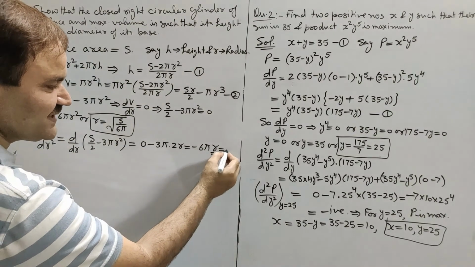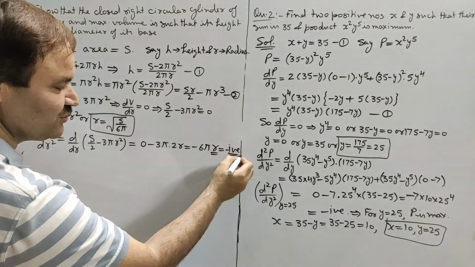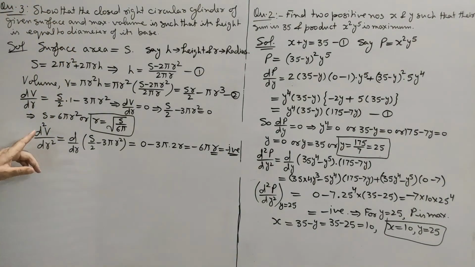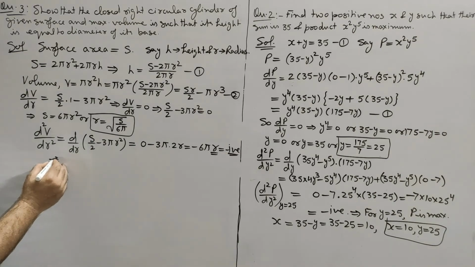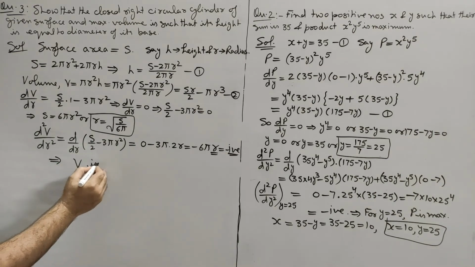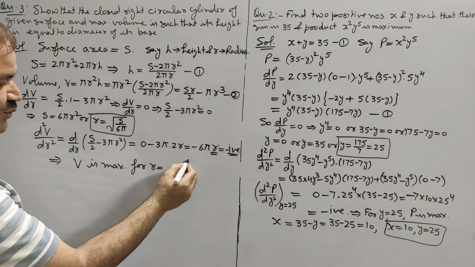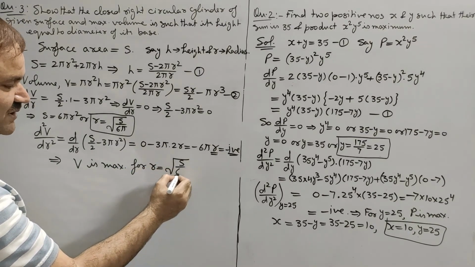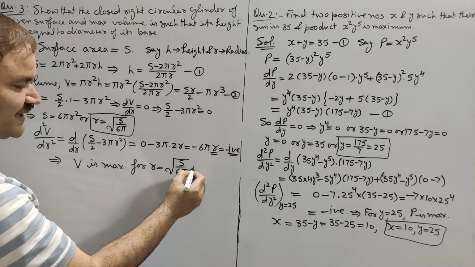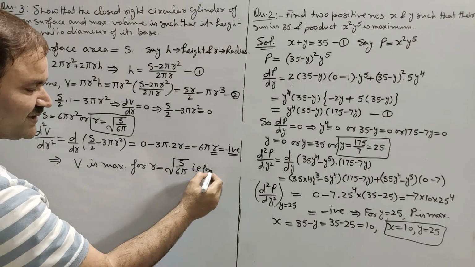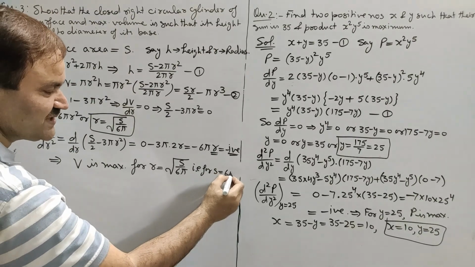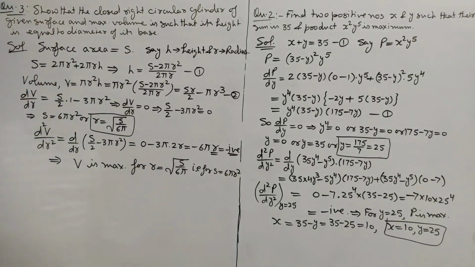Negative means less than 0, and if d square V upon dr square is negative, then this implies volume is maximum for r is equal to under root S upon 6 pi, that is for S is equal to 6 pi r square.